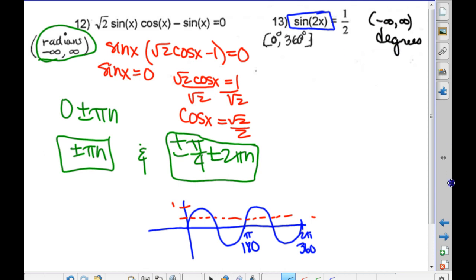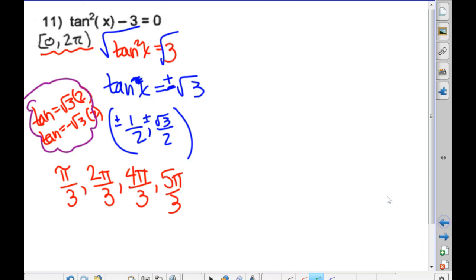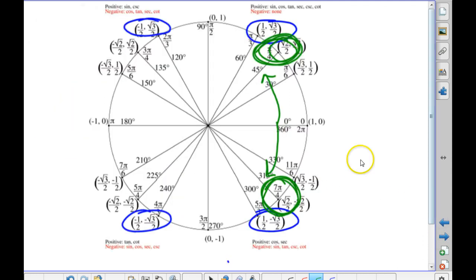We're going to do a U substitution like we did yesterday. Okay, so in degrees, where is the sine 1/2? If we look at the unit circle, the sine is 1/2. How many degrees, remember guys? 30 and, that was negative, sorry, I circled the wrong one. 30 and 150. Everybody with me?